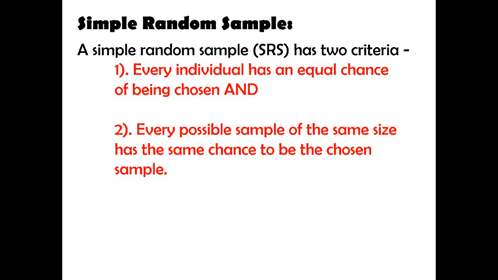So any group from the population of a certain sample size has to have an equal chance of being chosen. Now, if we don't meet these criteria, that doesn't mean that we have a biased or a bad sample. It's just that in order to be considered specifically a simple random sample, both of these criteria must be met.